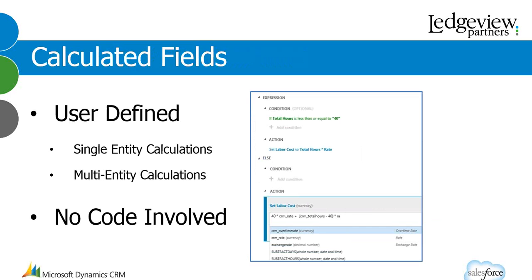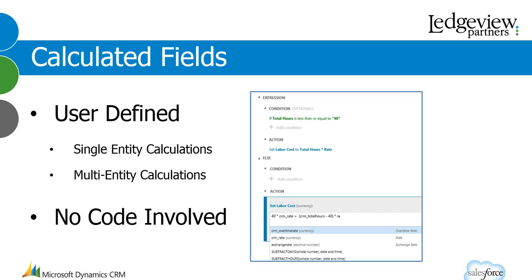Another enhancement they added was called calculated fields. Now, within setting up fields on a form, you're able to make them calculated, and this can be done on text fields, date fields, number fields, and currency fields.